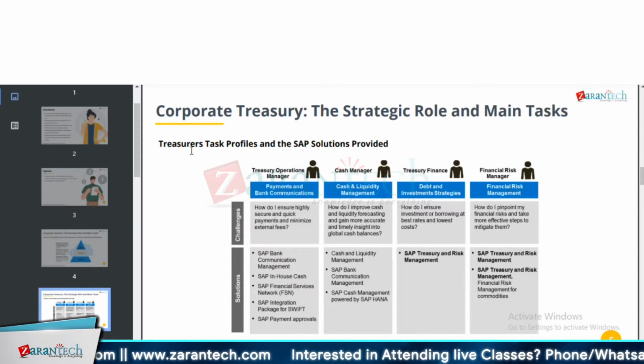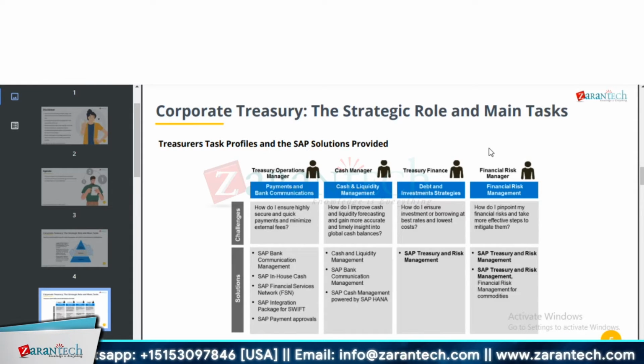If we talk about FSCM in treasury and risk management, we have multiple areas that are covered under treasury operations. There are different role-based users handling different areas in treasury. The treasury operations manager takes care of payments and bank communications.